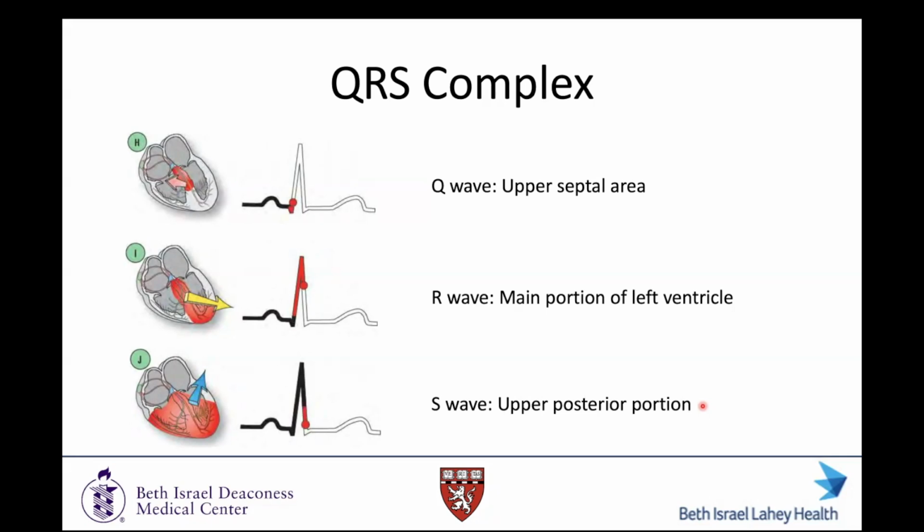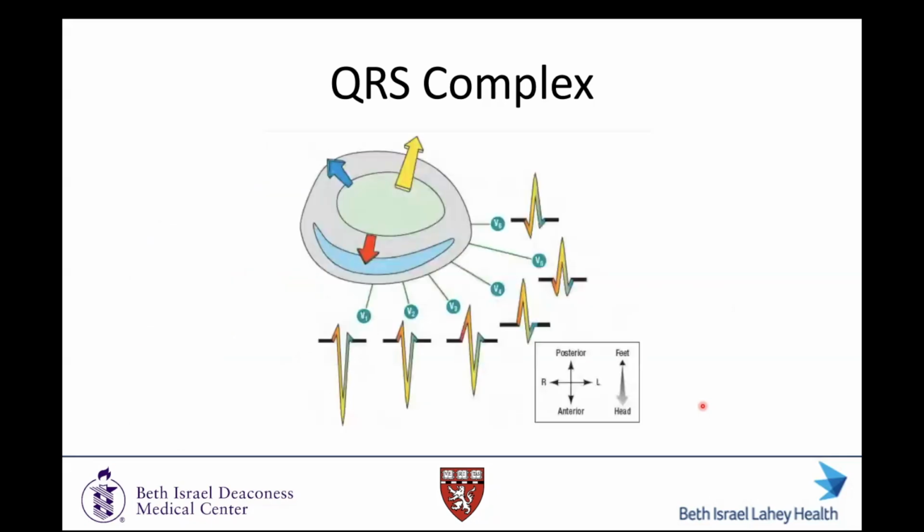Now, this QRS complex can look different based on which lead we're looking at it from. So for example, if we're looking at our anterior septal leads, the main component of the QRS is made up of this yellow arrow, which is the depolarization of the main portion of the left ventricle.